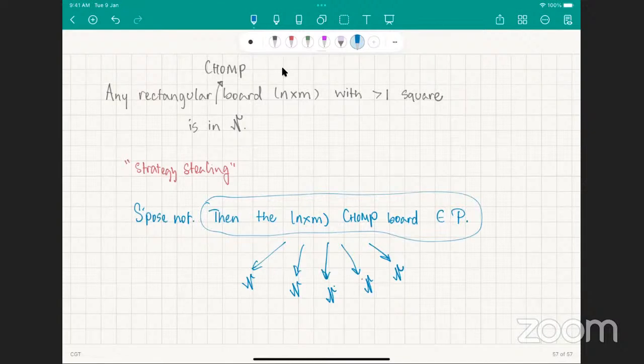So anyway, the point is that no matter what move the first player makes, they take the game to a position which is winning for whoever starts from that position. So in particular, and remember that this is a board that has more than one square, so it makes sense to talk about the top right square, and that's different from the bottom left square.